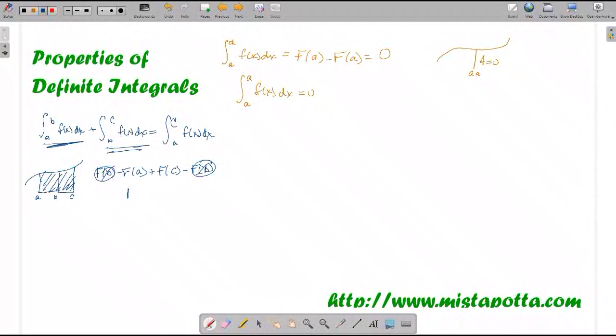And so I'm left with my antiderivative at C minus my antiderivative at A. So the idea is that I could have two contiguous intervals and find the definite integral from one to the end point of the other. I'm really just adding those two areas together.